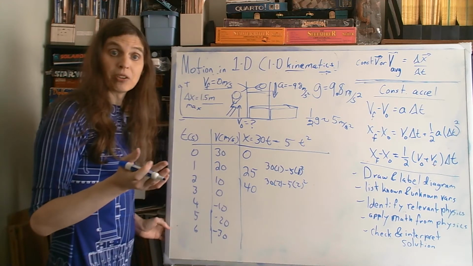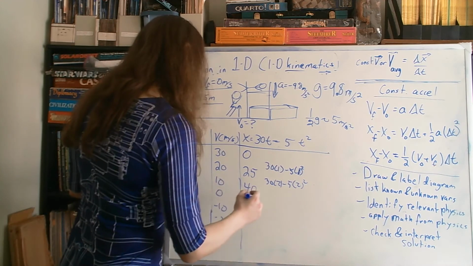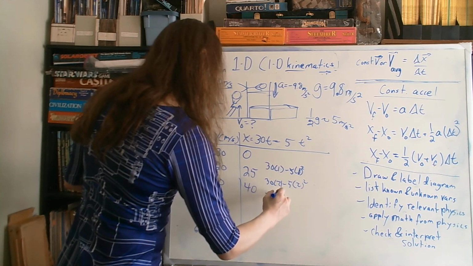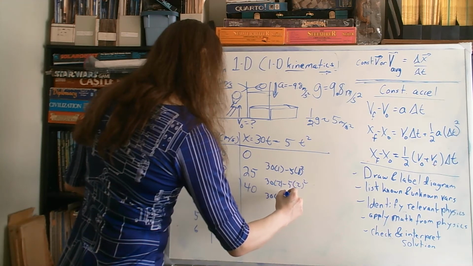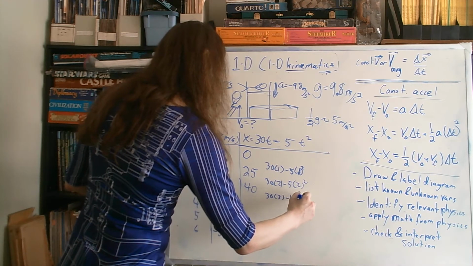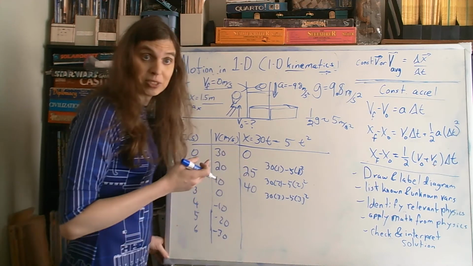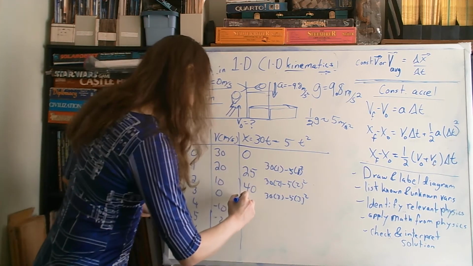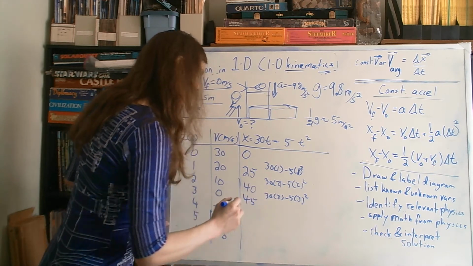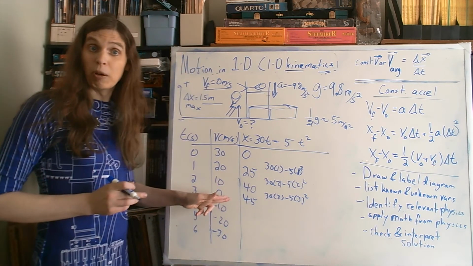That will be 40 meters. At 3 seconds, that's 30 times 3 minus 5 times 3 squared. So 90 minus 5 times 9, 90 minus 45 is 45. And that was our maximum height there.